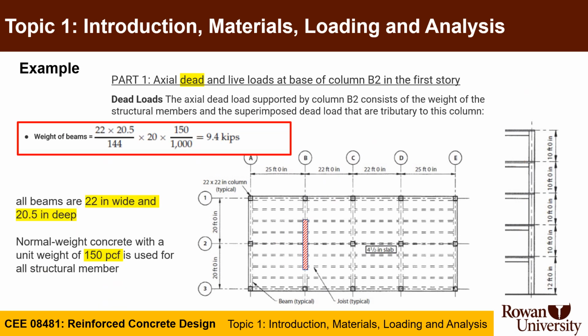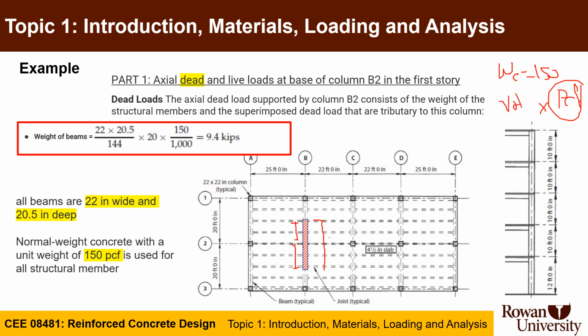The column also carries the beams. You can see here this column carries the beams halfway from here, halfway from there. The average length here is now going to be 20 feet. And you need to remember the beam is made of concrete, and the unit weight of concrete is 150 pounds per cubic foot. So in order to get into kips, you have to multiply by volume.